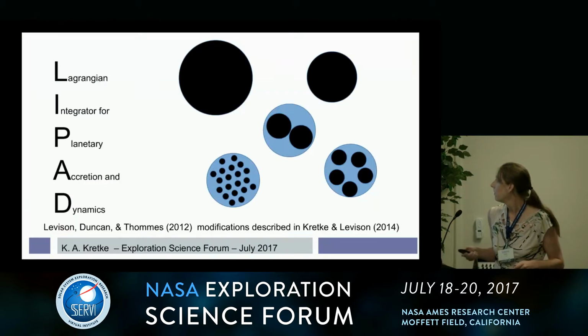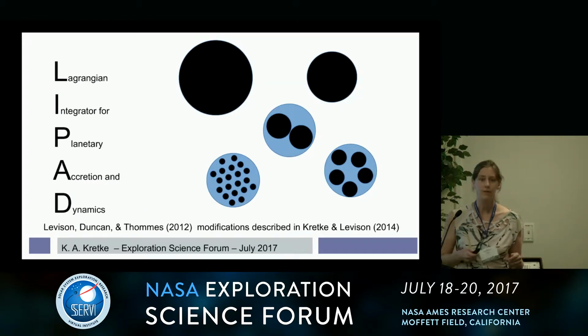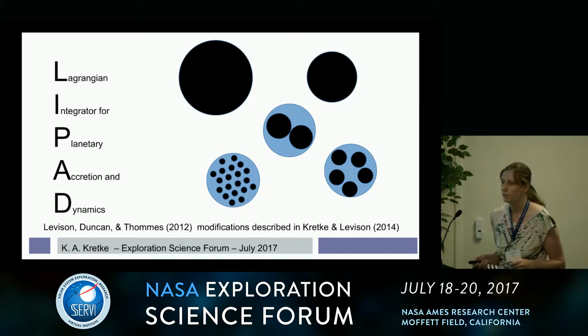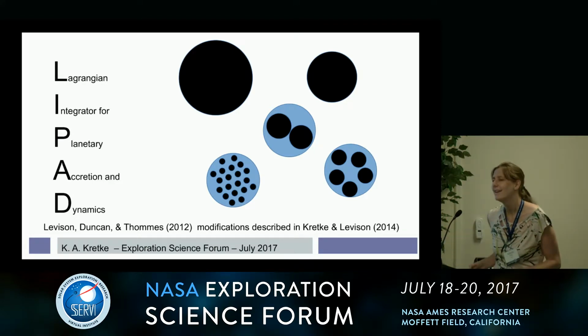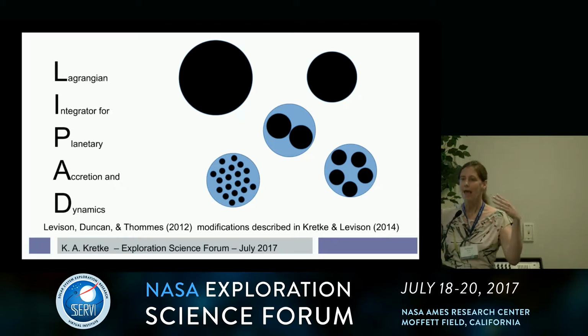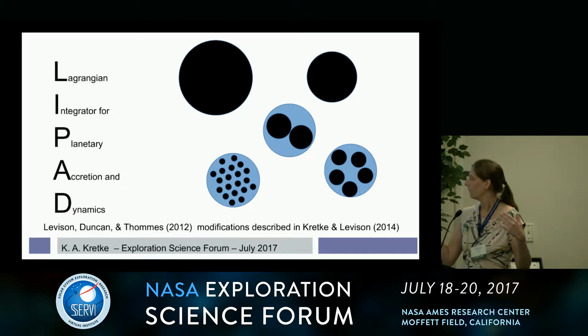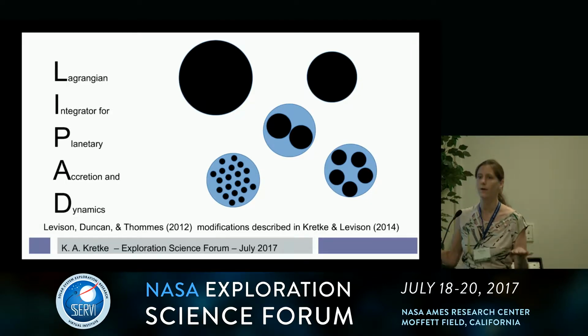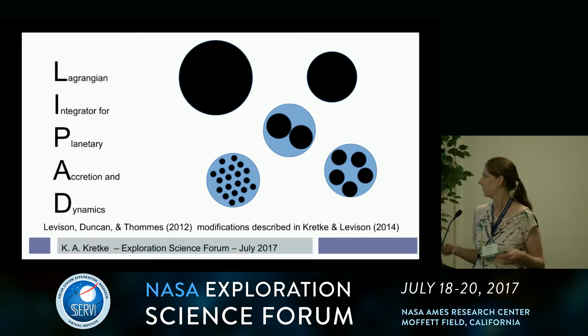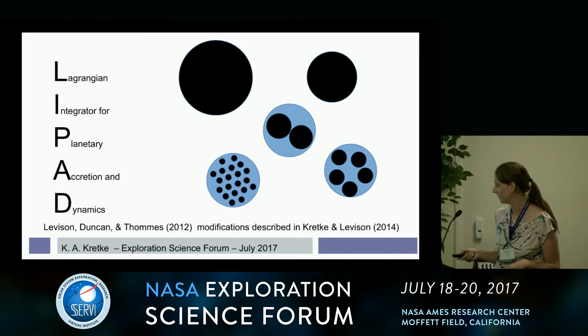So what we've done is we've used LIPAD, which is the Lagrangian integrator for planetary accretion and dynamics. It's basically an n-body integrator combined with statistical treatment of small bodies so that we can trace planet formation starting all the way from pebbles and planetesimals all the way up towards mature planetary systems.